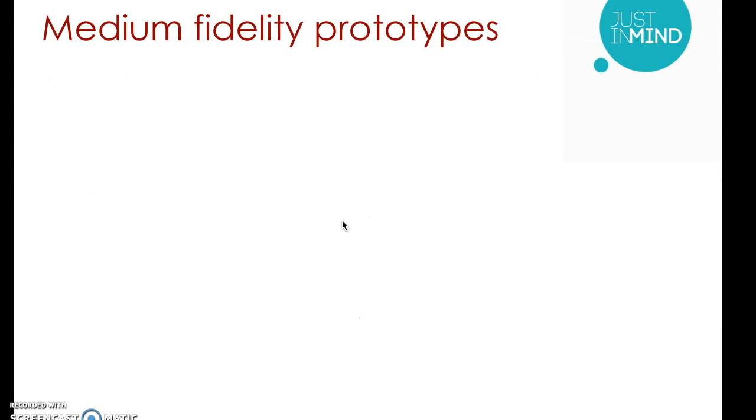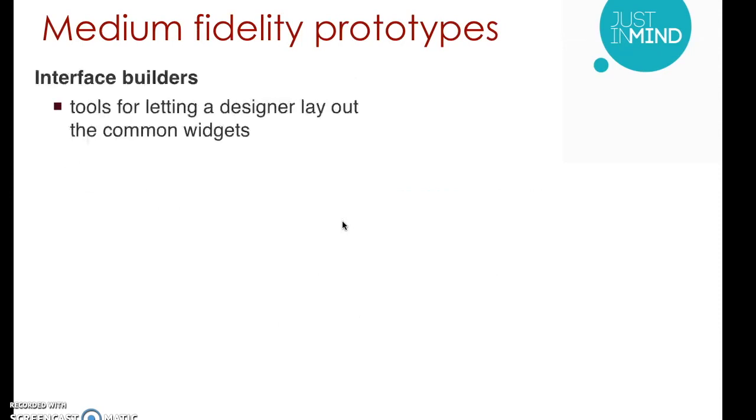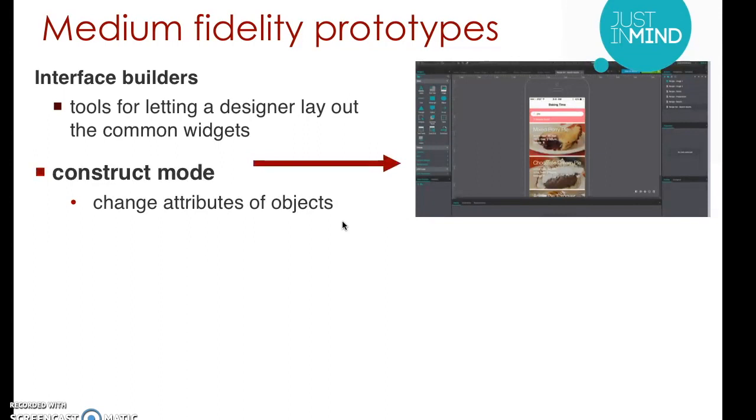You can design a medium fidelity prototype using software, or sometimes we call them interface builders. This software provides tools for designers to lay out common widgets, and these interface builders consist of two modes. The first one is construct mode. This is the mode when you actually construct your prototype by simply adding and dropping the features into your website or mobile app design.